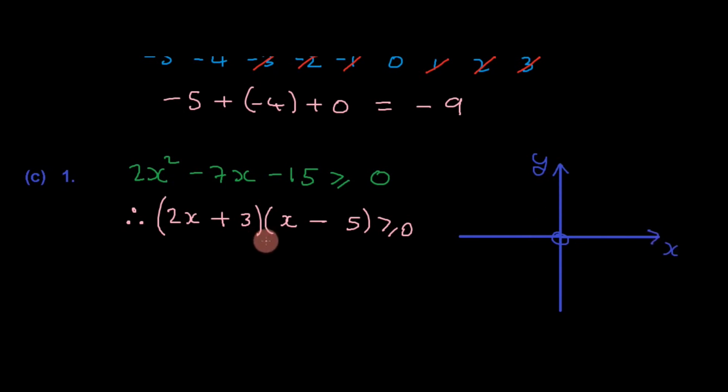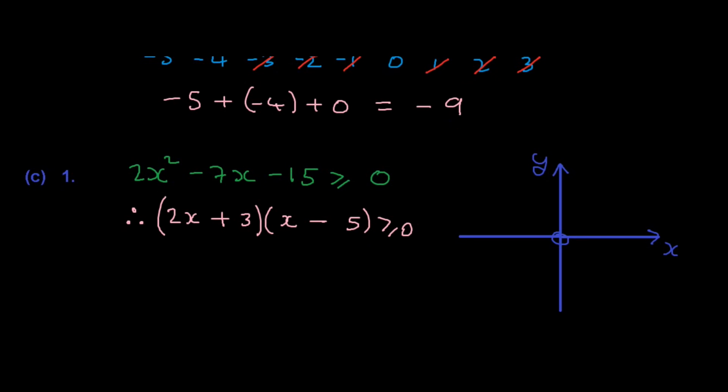Our roots in this case will be negative 3 over 2, when we make 2x plus 3 equal to 0 and solve for x, and x equals 5, which we get by making x minus 5 equal to 0 and solving for x. So the roots are negative 3 over 2 and 5.